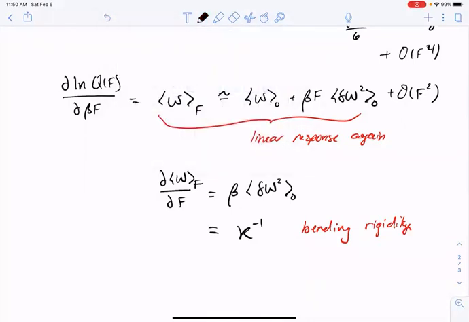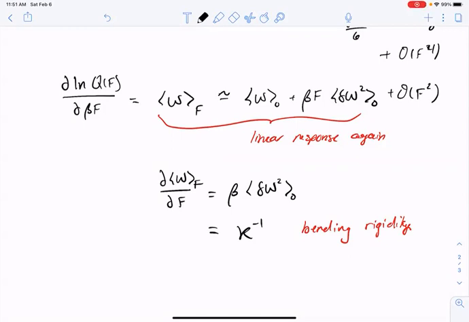Now, as should be clear from the truncation of our response, that bending rigidity in principle could itself depend on the force. If I bent my membrane and then on top of that ask for the subsequent differential change of the restoring force with additional curvature, well, that differential relationship might be slightly different than it was if I started at zero curvature.